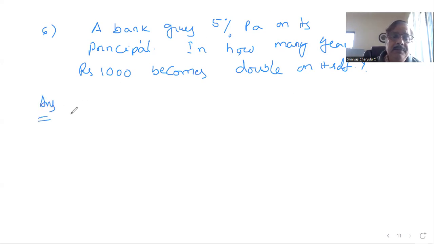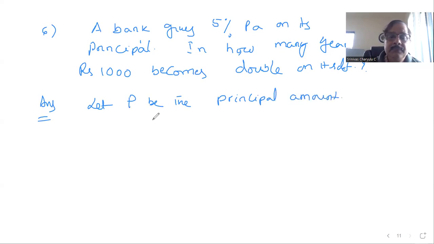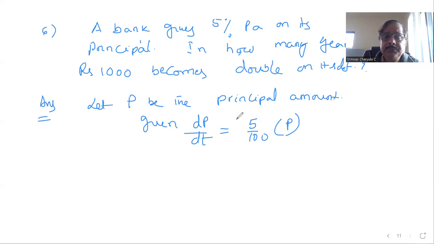So very simple. Let P be the principal. Given dP by dt, meaning rate of change, is 5 by 100 of P. This is the condition: 5% per annum on the principal.